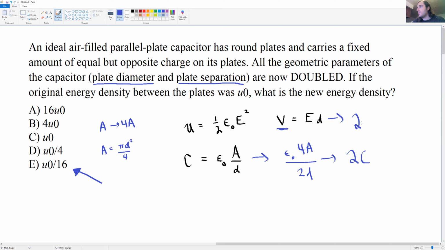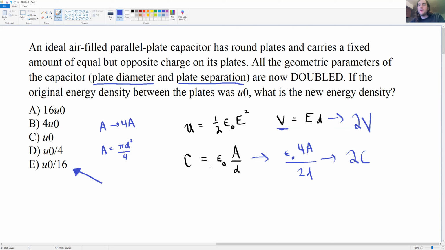So the voltage would go to twice the voltage, but the electric field here would remain the same. Let's see, anything else that changes here? I don't think so. So now we kind of need to piece everything together, right?